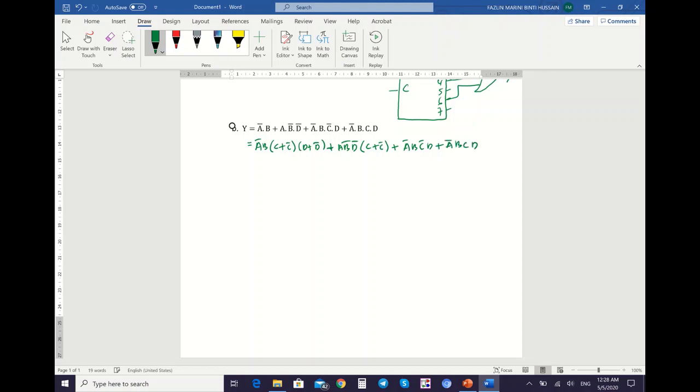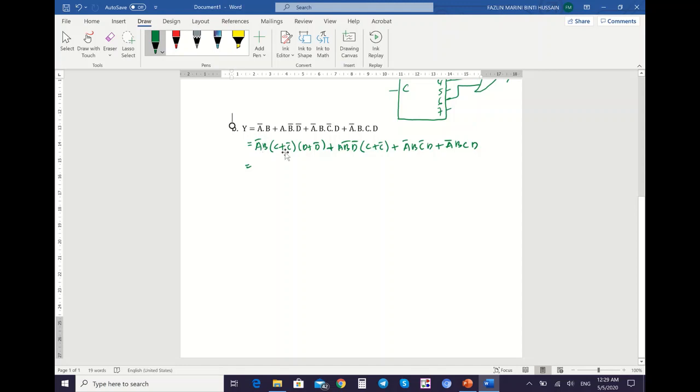For the first product term, you need to multiply A bar and B with C plus C bar and also D plus D bar. So there are three terms here that you need to multiply. A common mistake that students make is they incorrectly multiply the values.